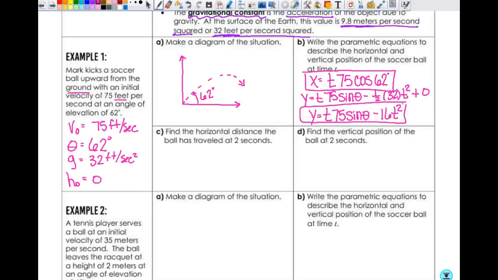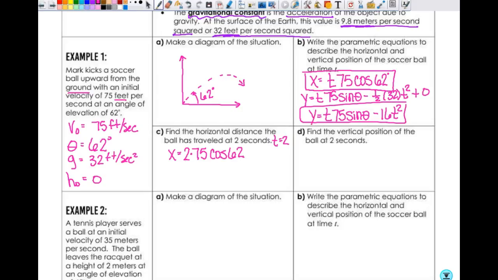All right, so then we're supposed to find the horizontal distance the ball has traveled at 2 seconds. That means that t equals 2. Horizontal distance is going to be your x, so this is going to be x equals 2 times 75 times the cosine of 62. So make sure that your calculator is in degrees.